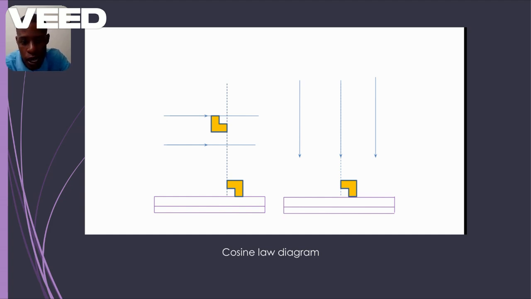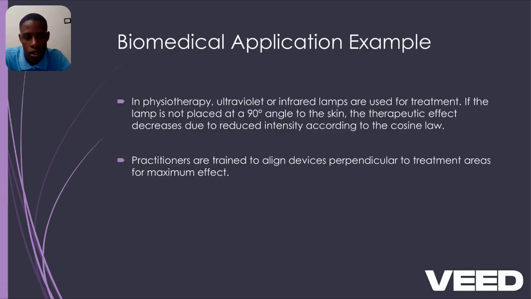Unlike the first diagram, where the rays are not coming direct like in the second diagram. So when they do not come perpendicularly, it is not directly proportional. The angle at which the radiation is coming is not aligned with the surface. Hence, we do not get maximum radiation.